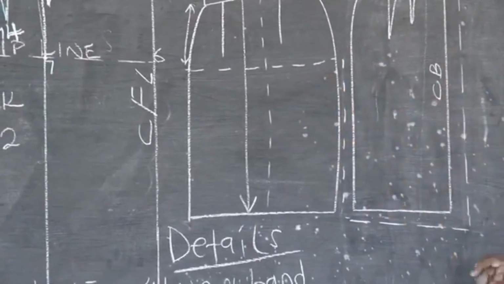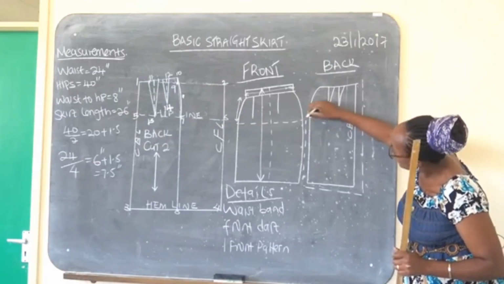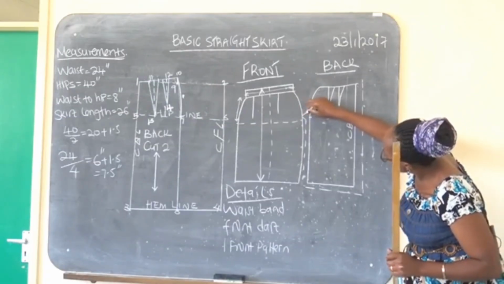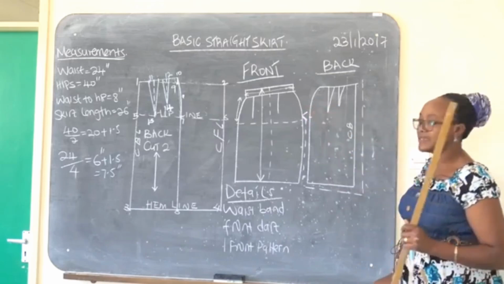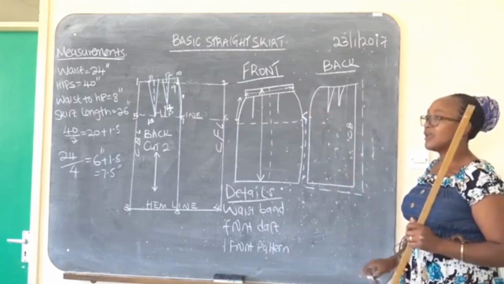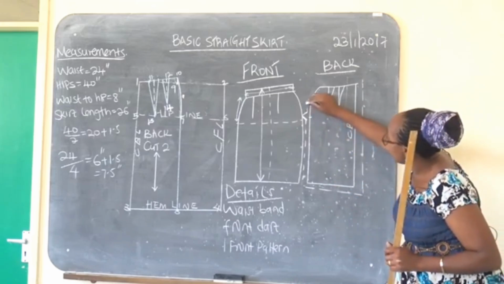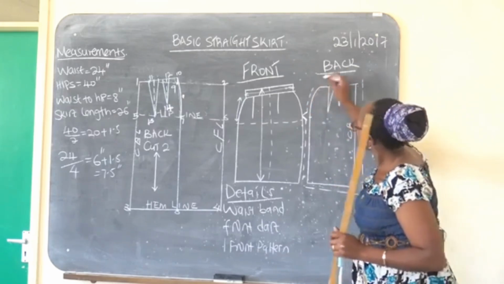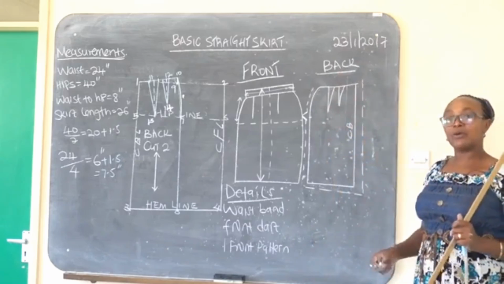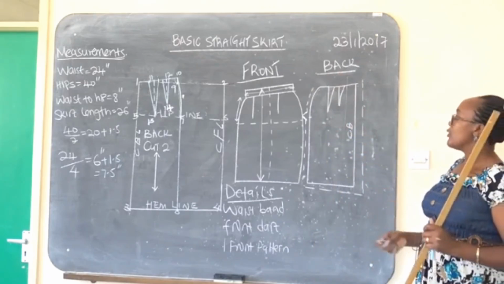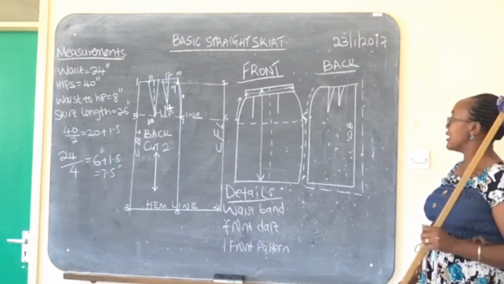It is important at this point to note that along the hip, you need to indicate with a notch. This notch is quite important so that when you are cutting out and when you are stitching, you will be in a position to know where your hipline lies. So that is the seam allowance. At this waistline, because it is an enclosed seam, you only give an allowance of 0.5 of an inch.